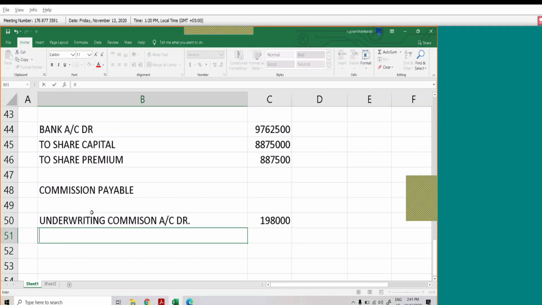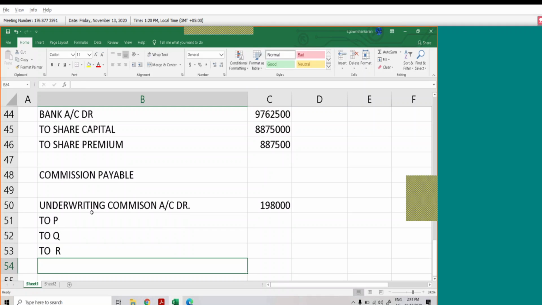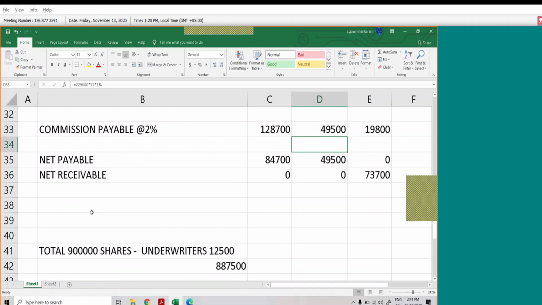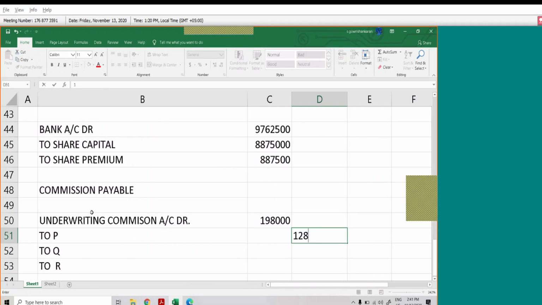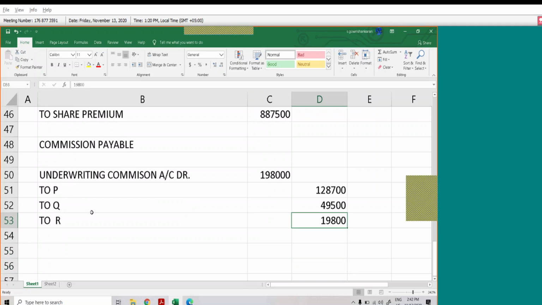To P, to Q, to R. What is the amount there? 1,28,700, 49,500, and 19,800. Correct? Yeah, correct. Add all the things, you will get 1,98,000.